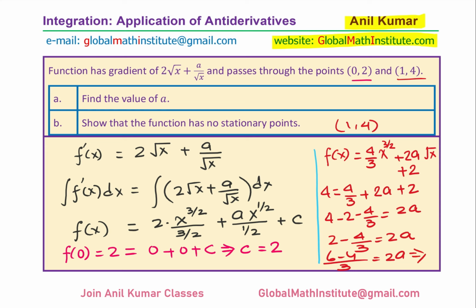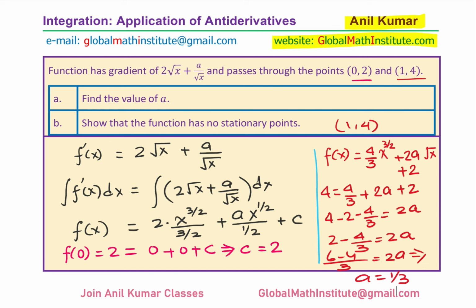So that implies that a is equal to 2 over 3 divided by 2, which is 1 over 3, correct? So we have the value of a as 1 over 3.